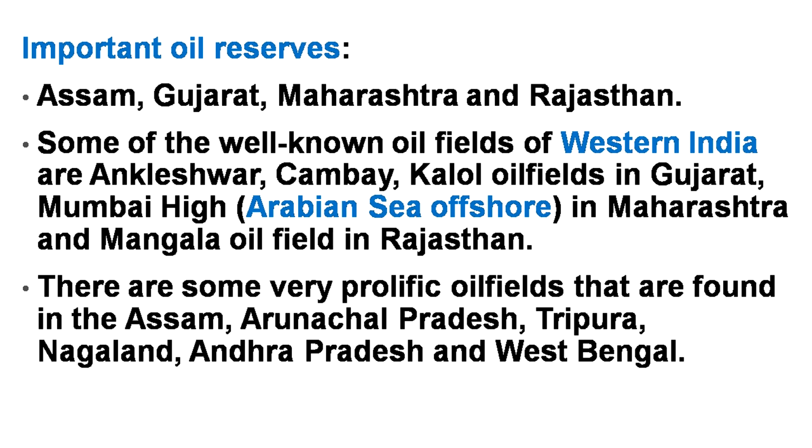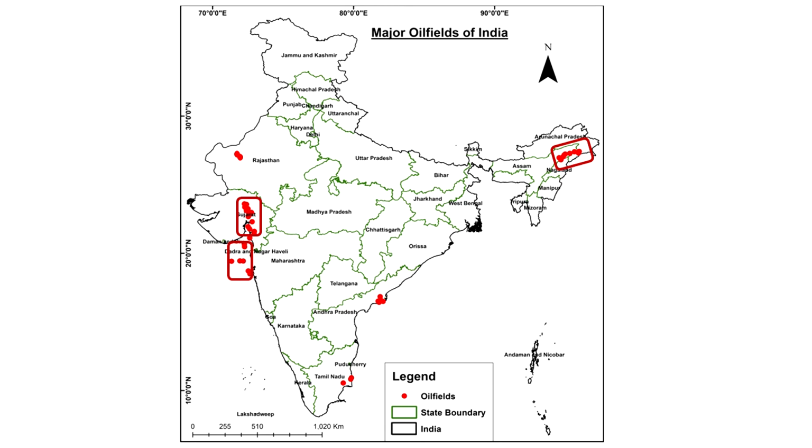The next oil province is the Gujarat, the Cambay basin. The major fields in that province are the Kalol field, the Ankleshwar field, and so on. The third oil province can be seen in the northeastern part of India, in the Assam-Arakan region, and many more fields like Digboy are there in that region.